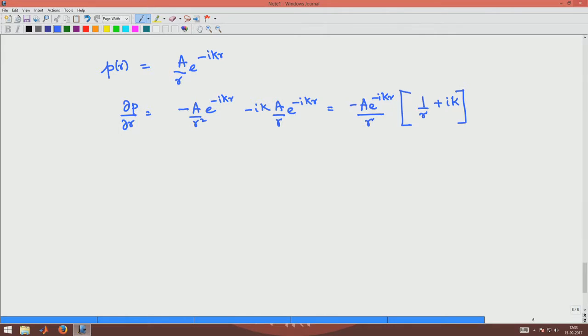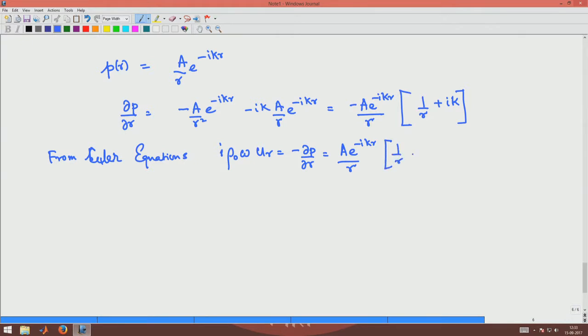And from the Euler equations, what we need is rho 0 i omega times u r must be minus del p del r, which now reads a e to the power minus i k r by r into 1 by r plus i k.